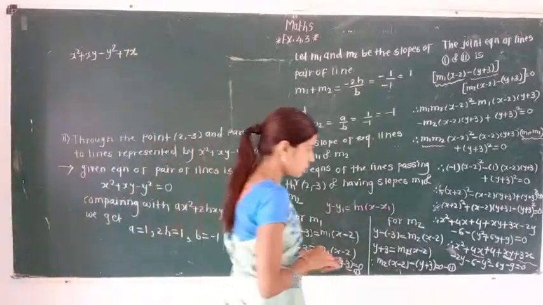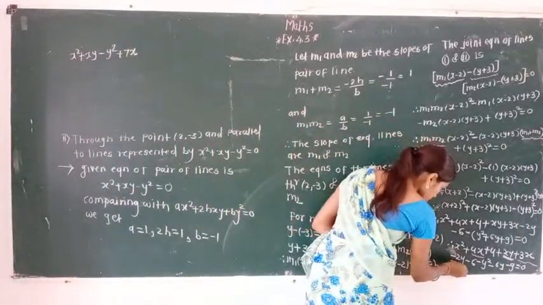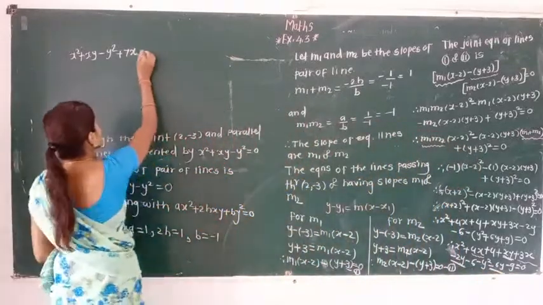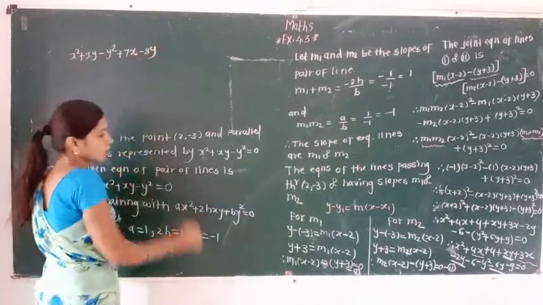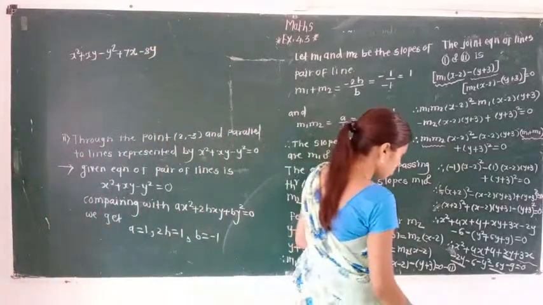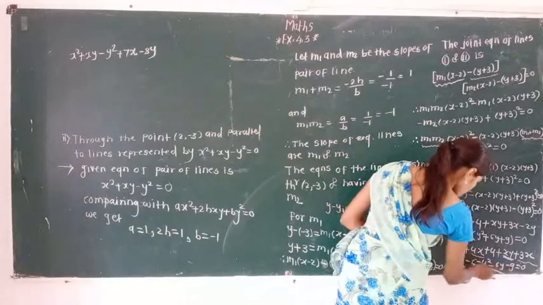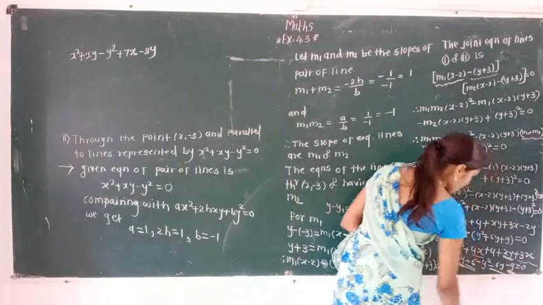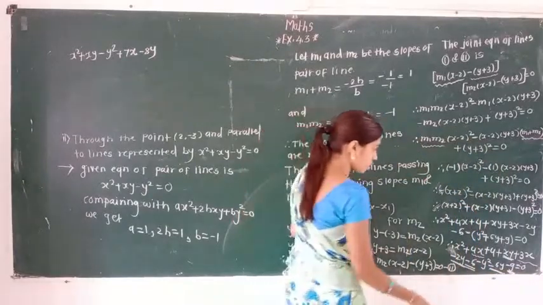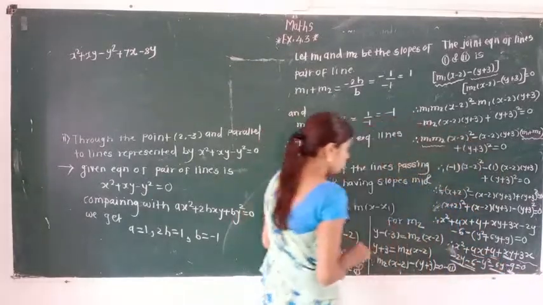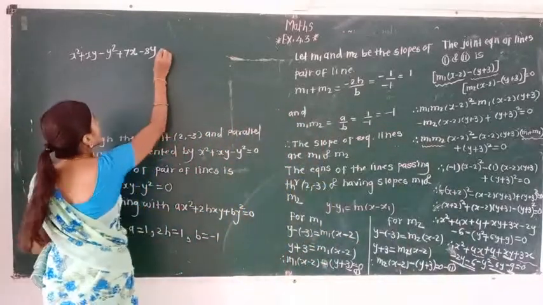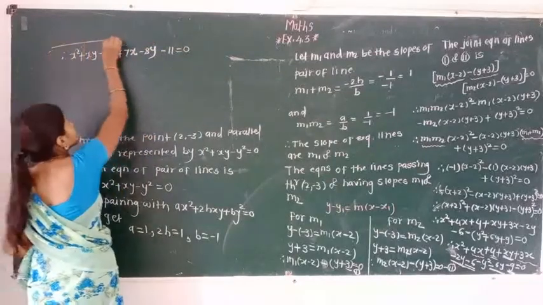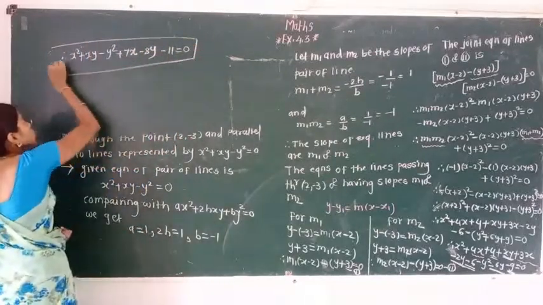The sum of the coefficients of y is minus 8y. Then the sum of the constant terms: minus 6 and minus 9 is minus 15, minus 15 plus 4 we get minus 11 is equal to 0, and this is the combined equation of the two lines.